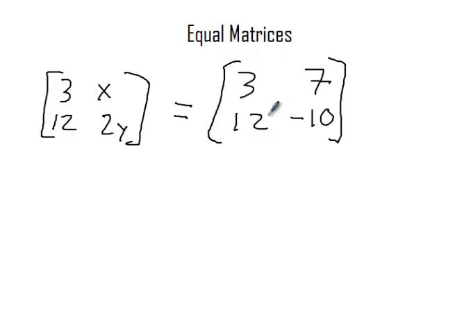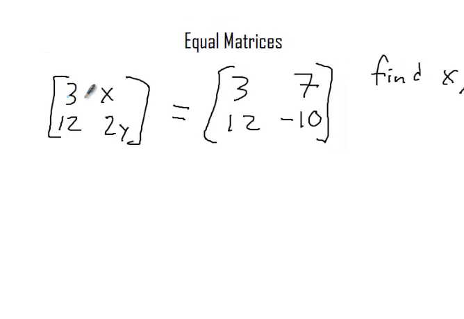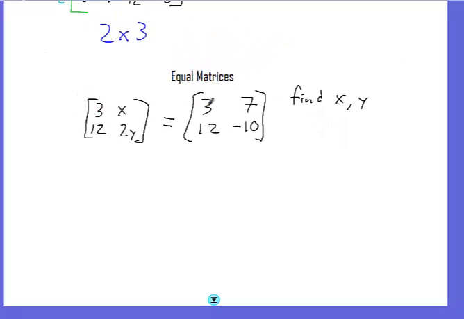What we need to do is find, and this is where kids love it, x and y. So if we look here at our matrix, we know 3 is obviously equal to 3, 12 is obviously equal to 12, x is equal to 7, and 2y is equal to negative 10. We know this because these two matrices are equal.